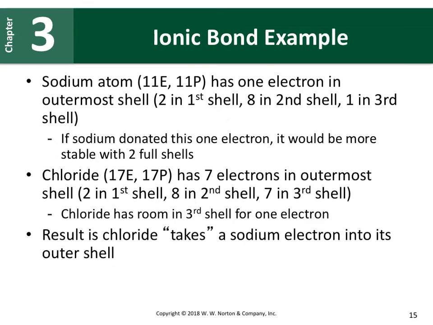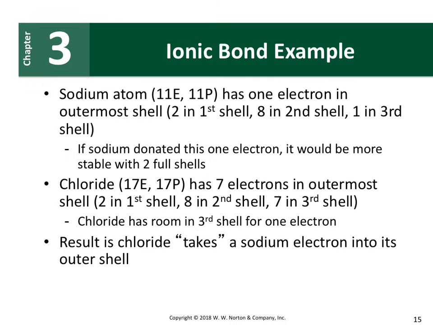Okay, so this is an ionic bond. We're going to go back to sodium chloride. Sodium atoms have 11 protons, 11 electrons, probably 11 neutrons, but maybe 12 or less if they're isotopes. And then chlorine, which has 17 protons and electrons, and then probably 17 neutrons, the most common isotope.